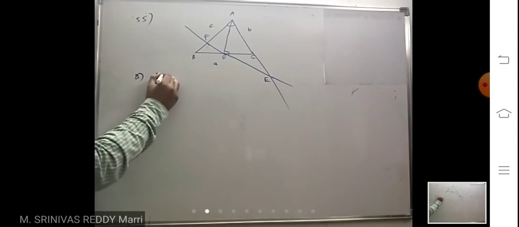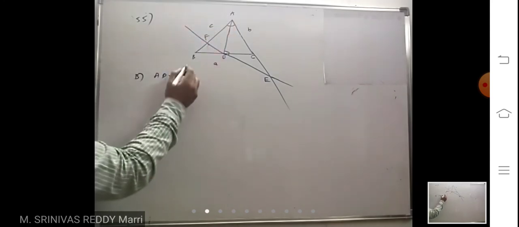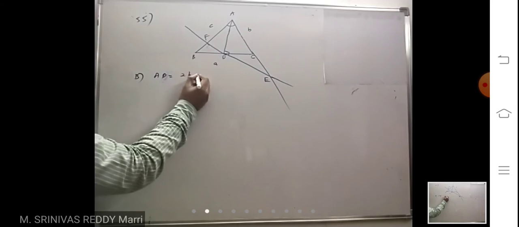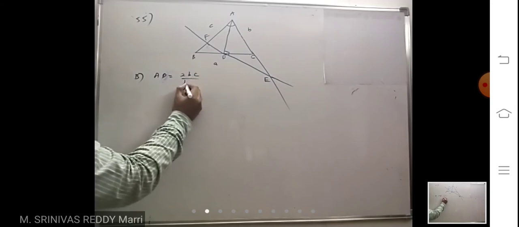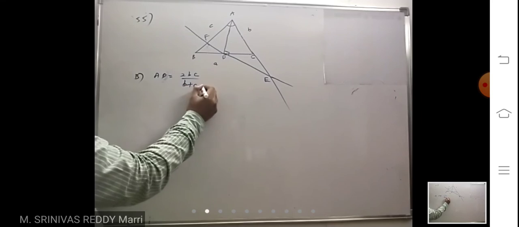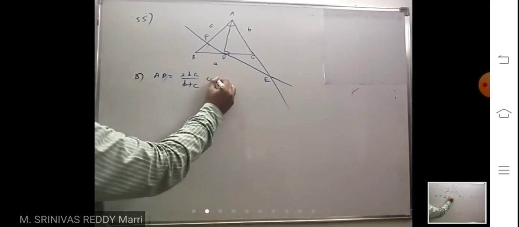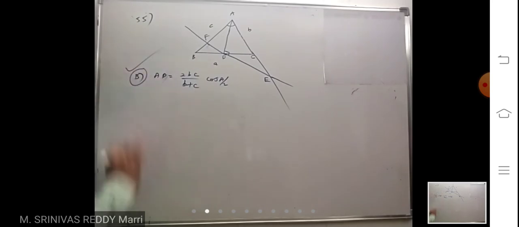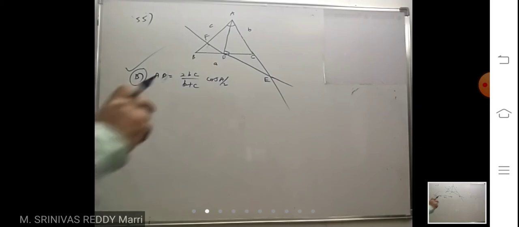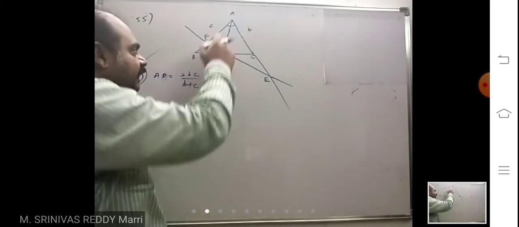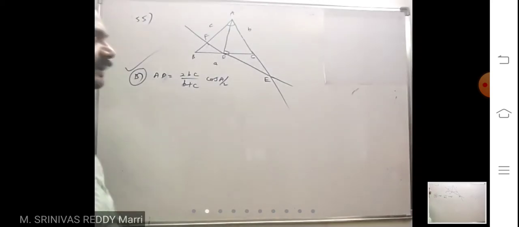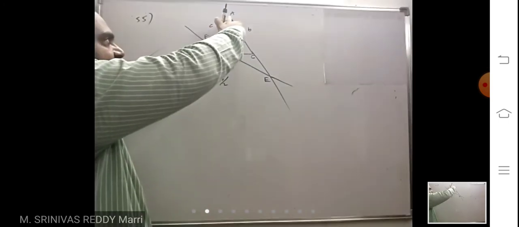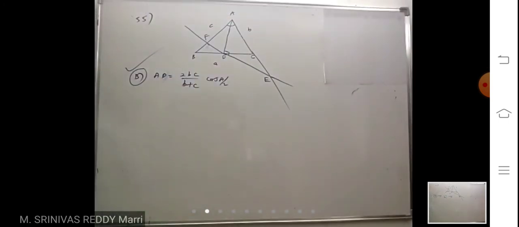I have told the formula and derived it also: 2bc cos(A/2) divided by (b plus c). So option B is directly known. If you draw an angular bisector meeting the side BC at D, then AD is called the length of the angular bisector of angle A.